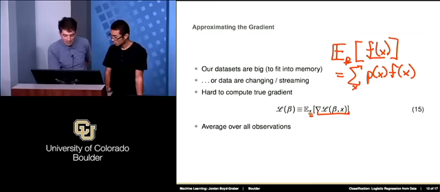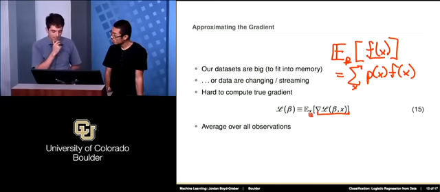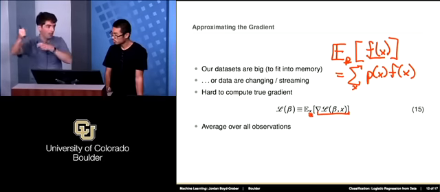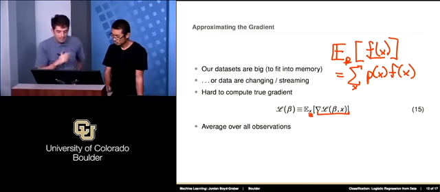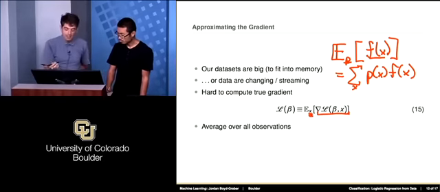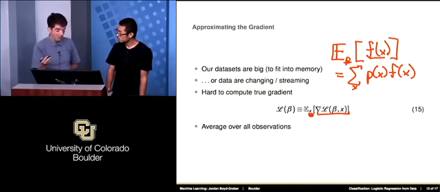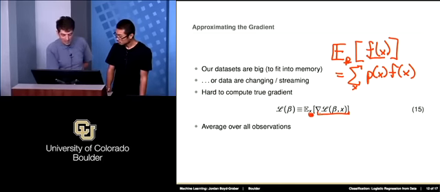And what do we do if we have an expectation over observation? What does that mean? This means that we have some universe that we're getting examples from, and we want to consider all of the things in our universe. You have an expectation over all of the things in the universe, and then we take the average of that.